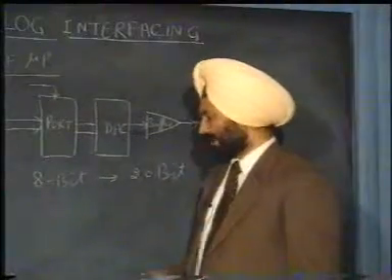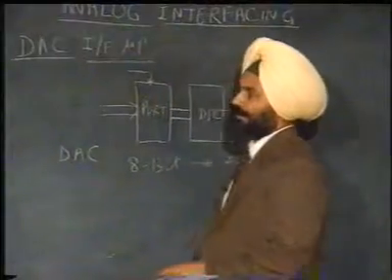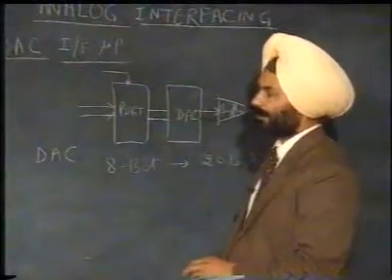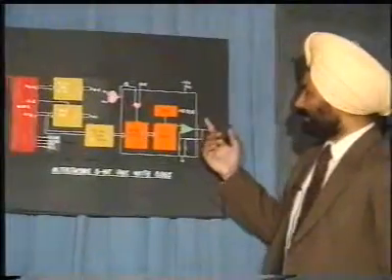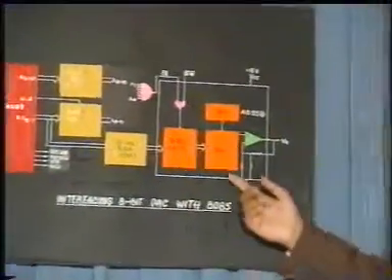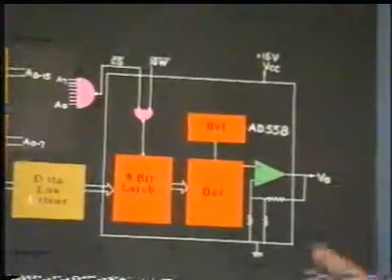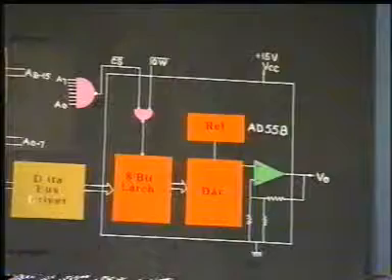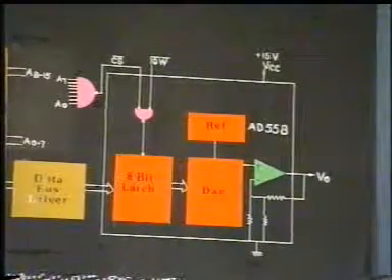Now let's take the interfacing of an 8-bit D2A converter by taking a practical example. Here we are interfacing an 8-bit D2A converter, AD558. I am giving the conceptual interfacing; I am not discussing all the pins of the D2A converter chip.